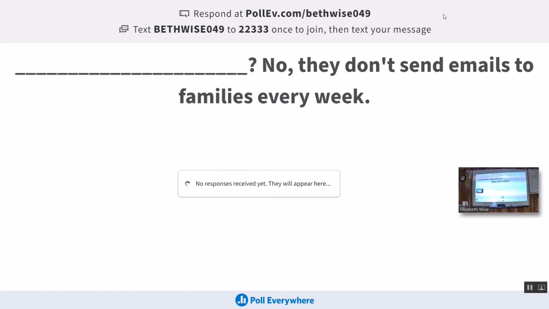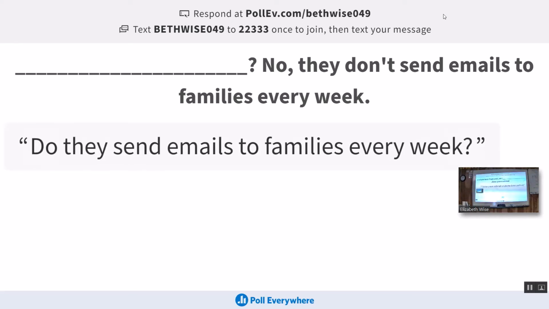Or I have to write the family? So do they send emails every week? I think you would have to include the families to make it clear. And honestly, for this we would probably just do a short answer, right? Like, do they send emails to families every week? No, they don't, right?